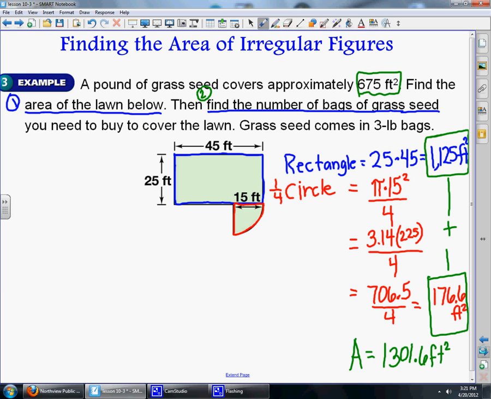So if we take the square feet of the lawn, which is 1,301.6, and we divide it by 675 square feet, we end up with approximately 1.9 pounds of grass seed.